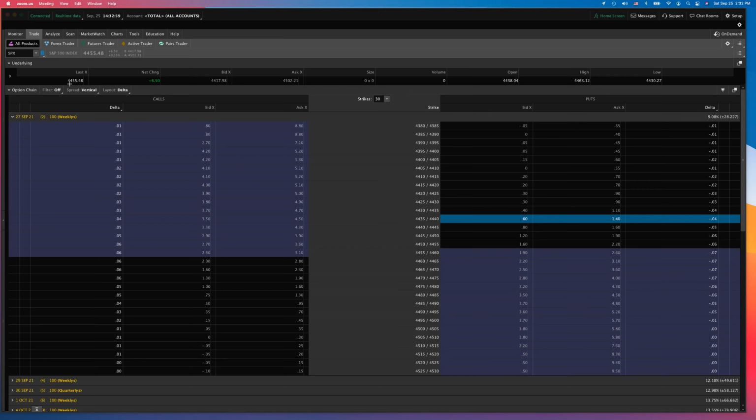Then I know that SPX will probably move plus or minus 30 points, and that's how far away I need to be. So 44.55 minus 30 is 44.25. Well, that's still too far away. There's no premium there. Well, maybe there is. I don't know. Let's see if there's premium at 44.25.